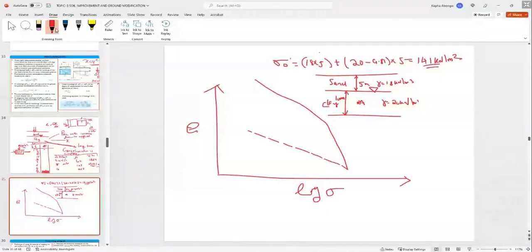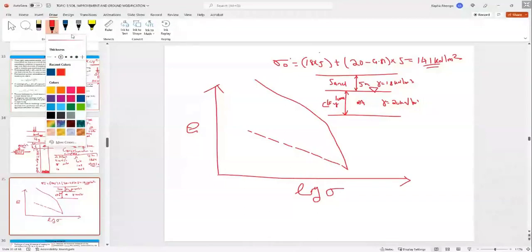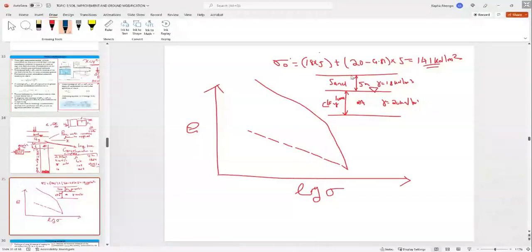And then let's say we built a foundation right here. It goes 0.5 meters deep, and this foundation will carry, let's say, 200 kilonewton load.